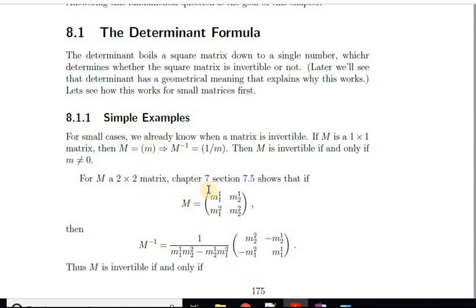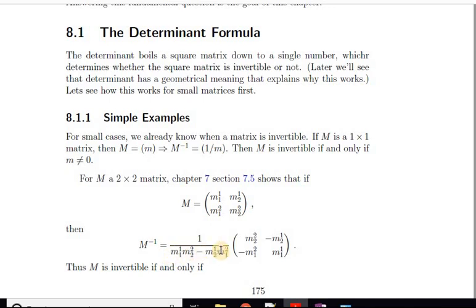So we've seen several examples, and previous problems have shown that if this quantity M11 M22 minus M12 M21 is non-zero, then a matrix can be defined which is the inverse of the original matrix. Now you may recognize this quantity in the denominator as the determinant.